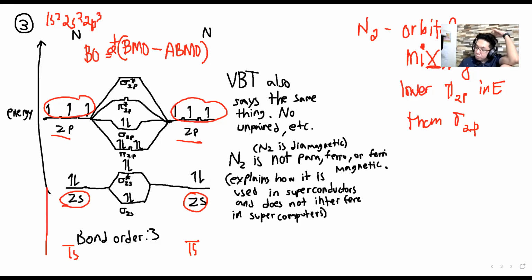Is it even possible to get more antibonding than bonding molecular orbitals? No. Because your bonding and antibonding are always equal, so you can only have a difference of 0.